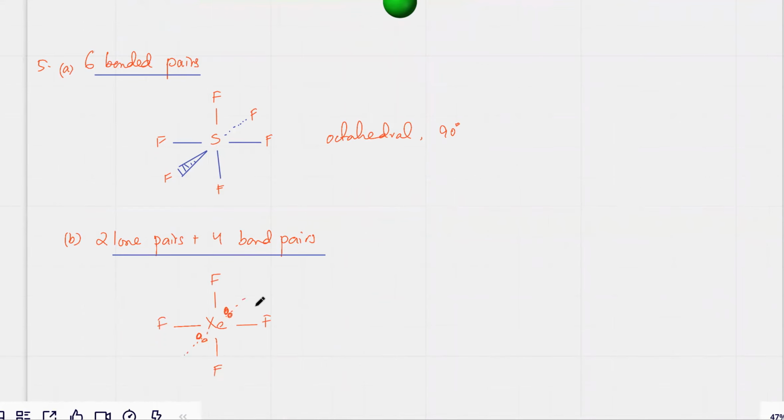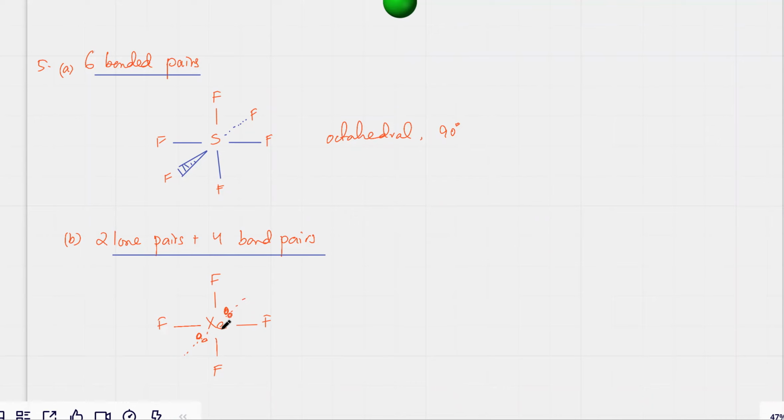So if you've got this, it's exactly the same shape. If you're the center, there's a fluorine on top, on the right, on the left, and at the bottom, and there would be a lone pair right in front of you, and a lone pair just behind you. So that's how 2 lone pairs plus 4 bonded pairs.